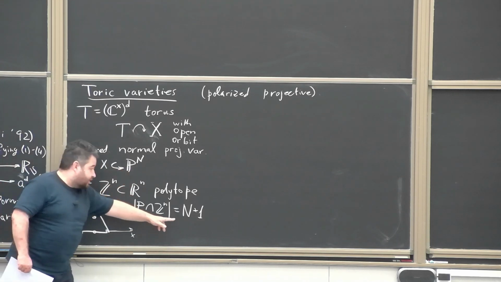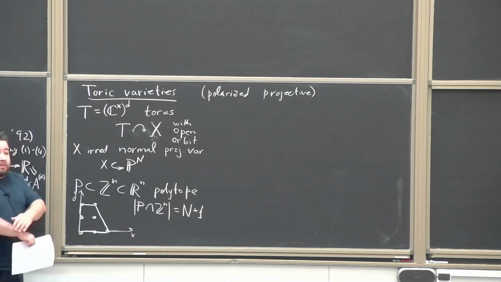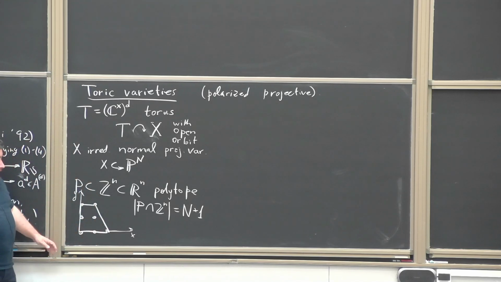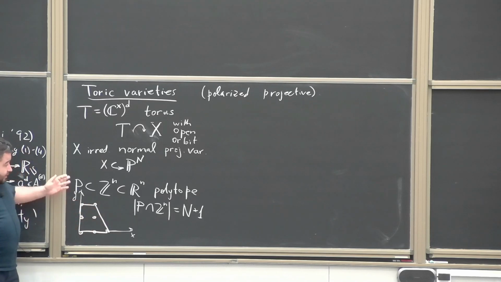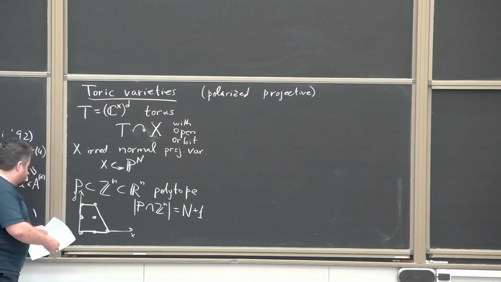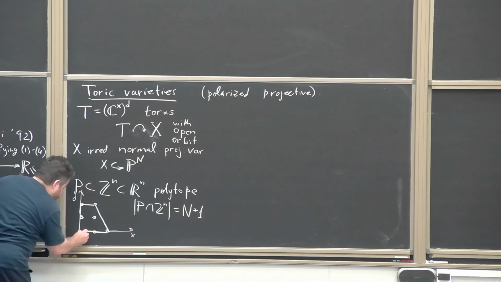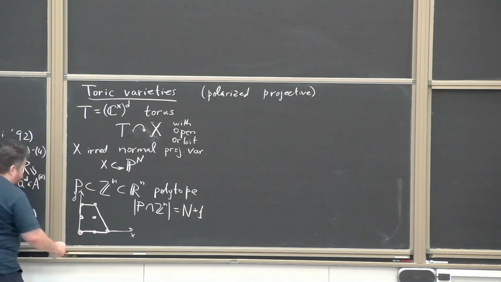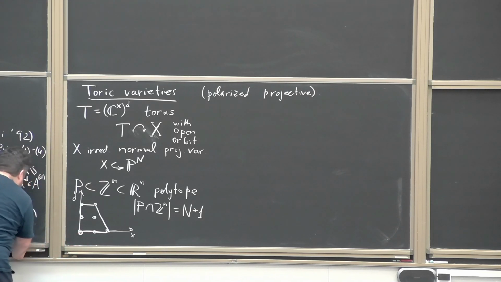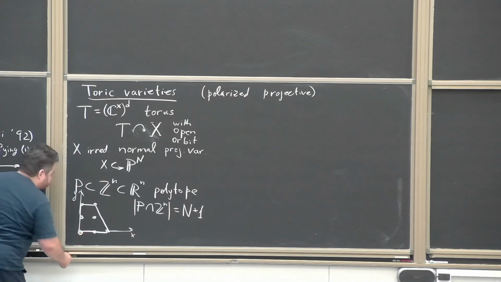So that's where plus 1 comes from. So let me say that my integer points will be responsible for homogeneous coordinates in this space. And each point has some x coordinate and y coordinate.